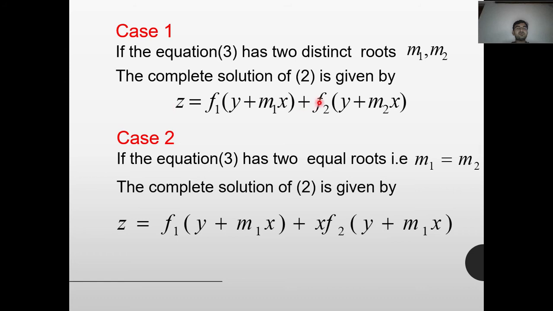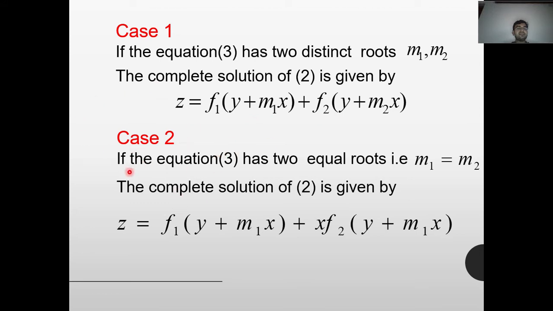Then the complete solution of the partial differential equation is given by z is equal to f1(y + m1 x) + f2(y + m2 x). Here m1 and m2 are different roots of the auxiliary equation.